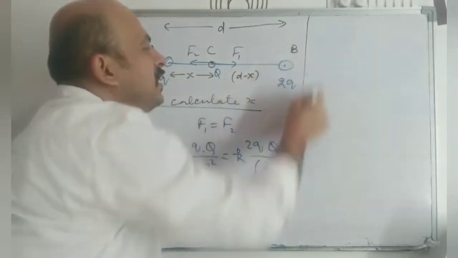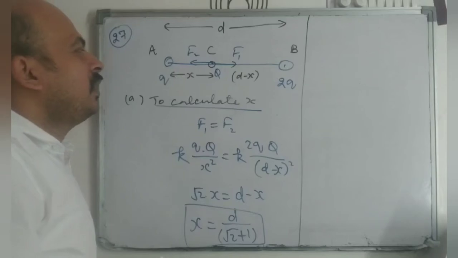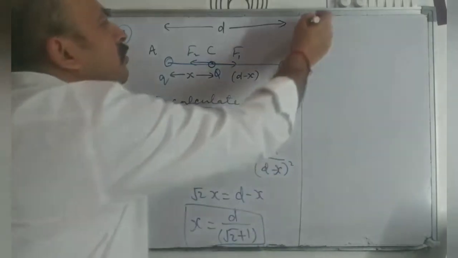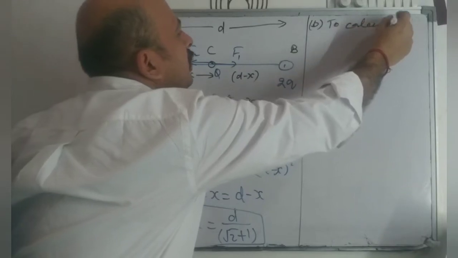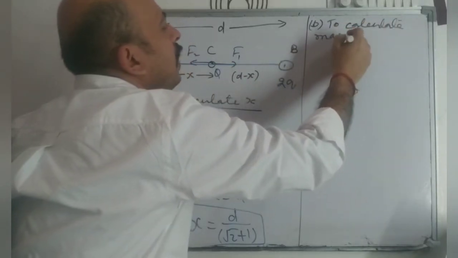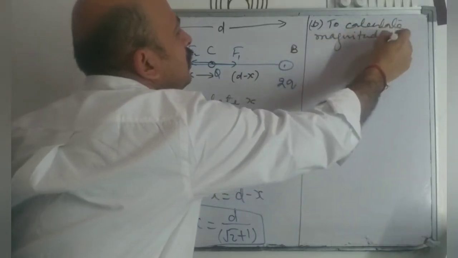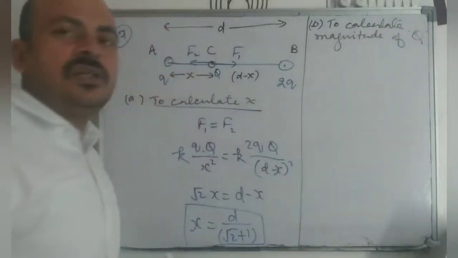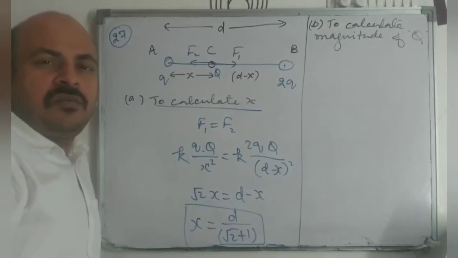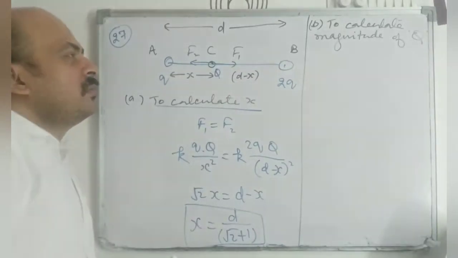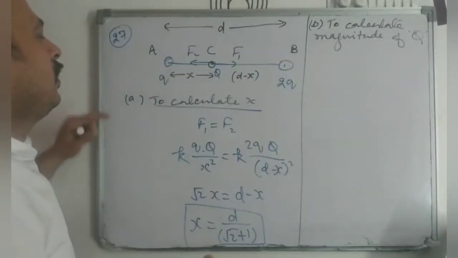Now to calculate the magnitude of q, part B, that question is very common. It is given in different ways in different reference books. So you should understand.